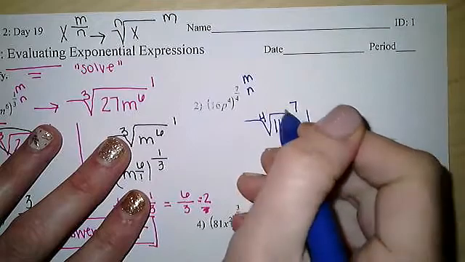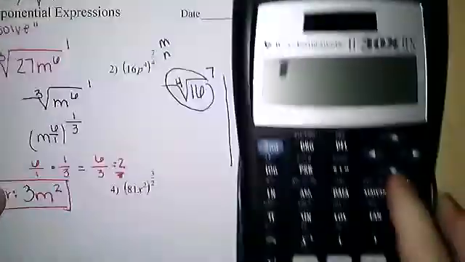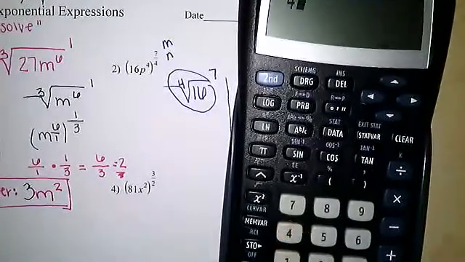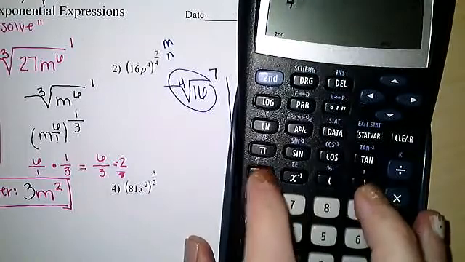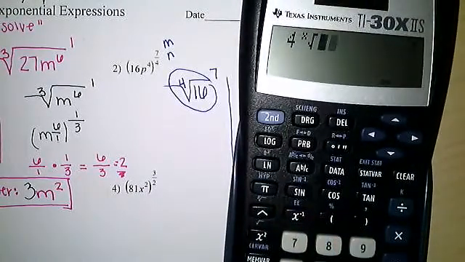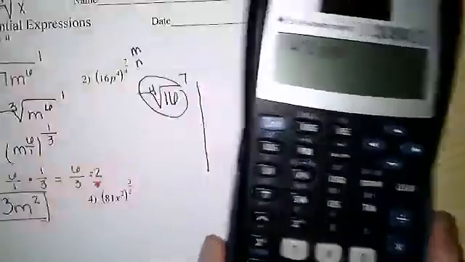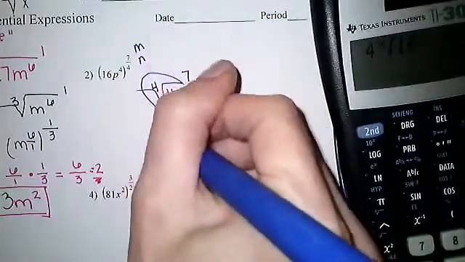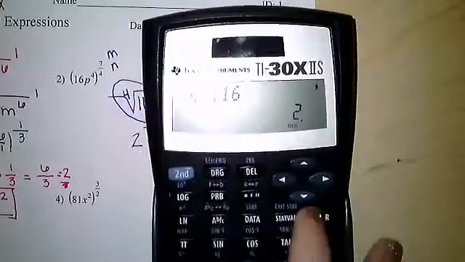In our calculator, we can find the 4th root of 16, if you don't know it already, by hitting 4, second, this key right here that looks like the roof of a house, and the 16. So we know that the 4th root of 16 is 2, but this time it's 2 to the 7th power.